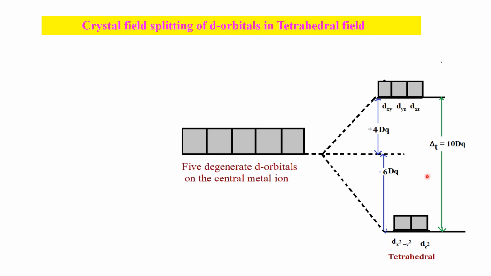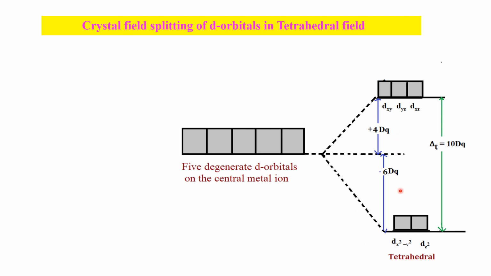The energy difference is delta T. The energy difference from the barycenter to the E orbitals is minus 6 Dq, and from the barycenter to the triply degenerate set it is plus 4 Dq.